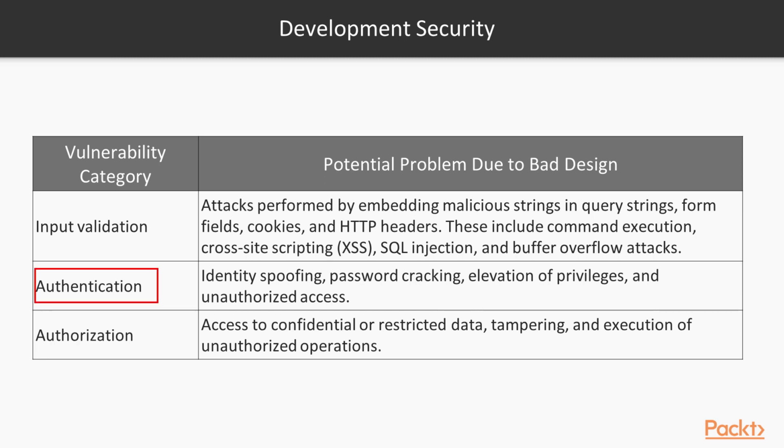Authentication. Authentication is basically when we need to identify and authenticate a user to get access to what they need to access. I don't think I need to spend too much time explaining why authentication is important, but in the majority of applications, authentication is a very critical part, and we need to make sure that we have enough controls at the authentication level to make sure users can only have authenticated access to what they need.